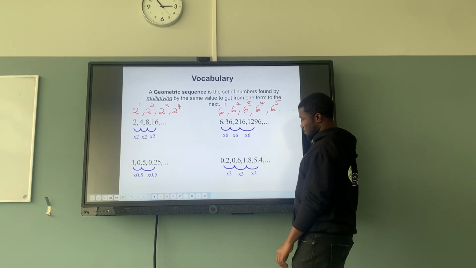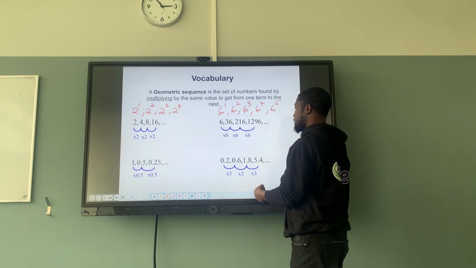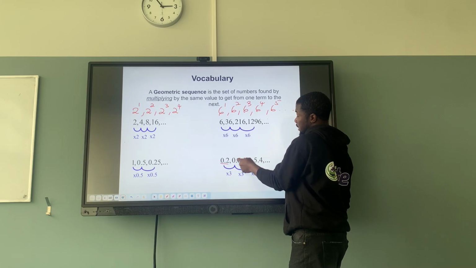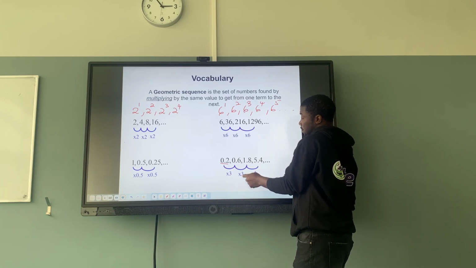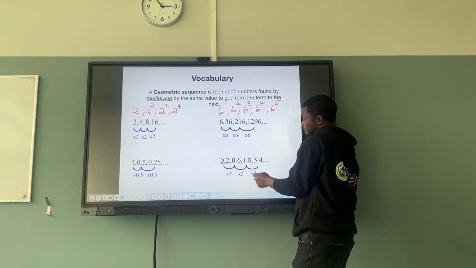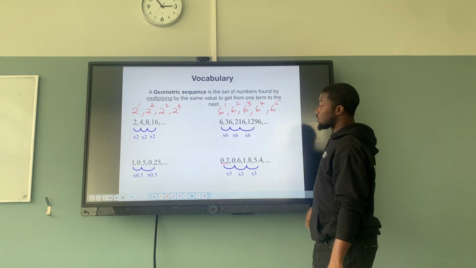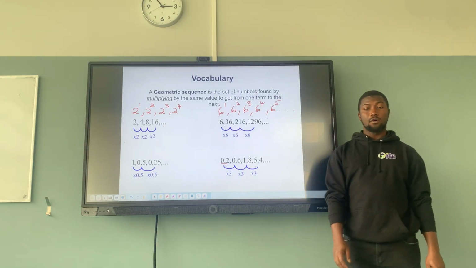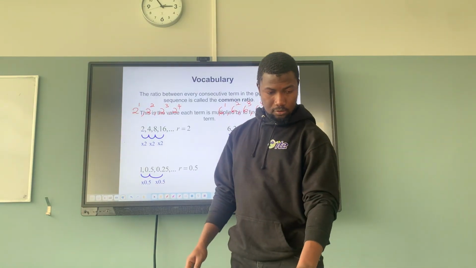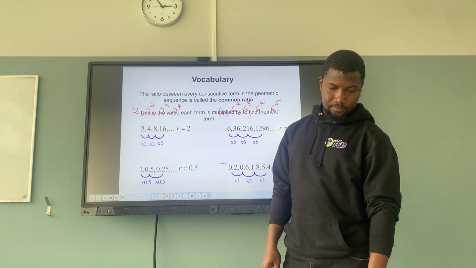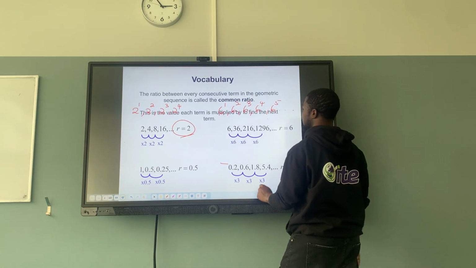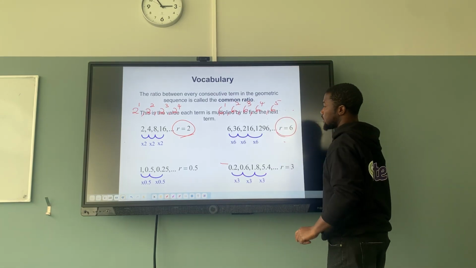So multiply the first term by 3 to get the second term, multiply the second term by 3 to get the third term, multiply the third term by 3 to get the fourth term. So the number that you are multiplying by is what is called the common ratio. In this case, the common ratio is 2. In this case, the common ratio is 6.